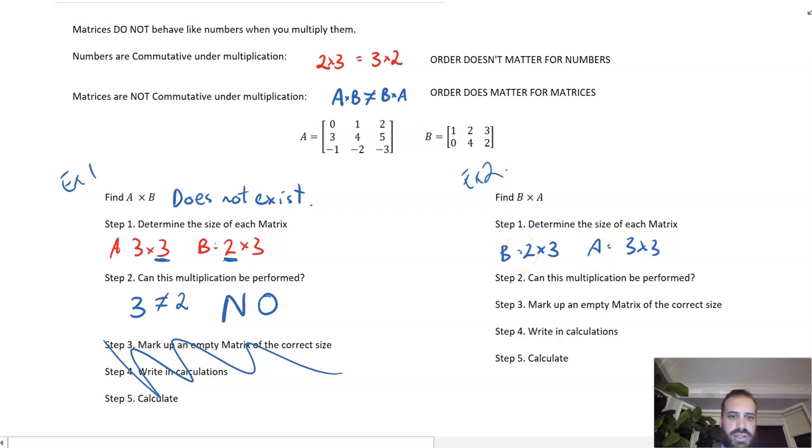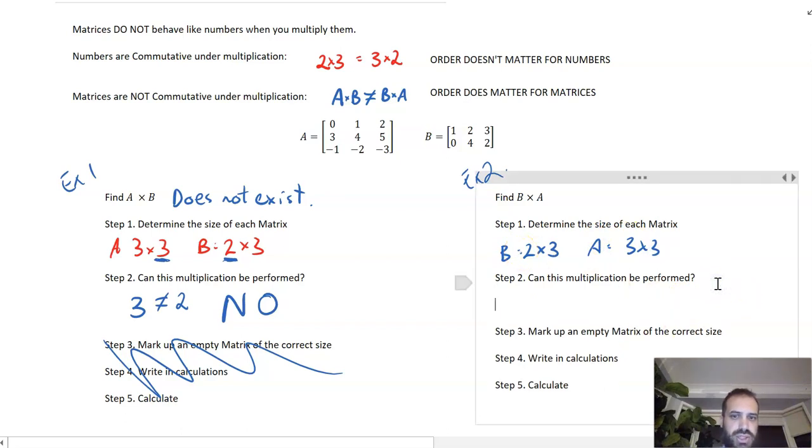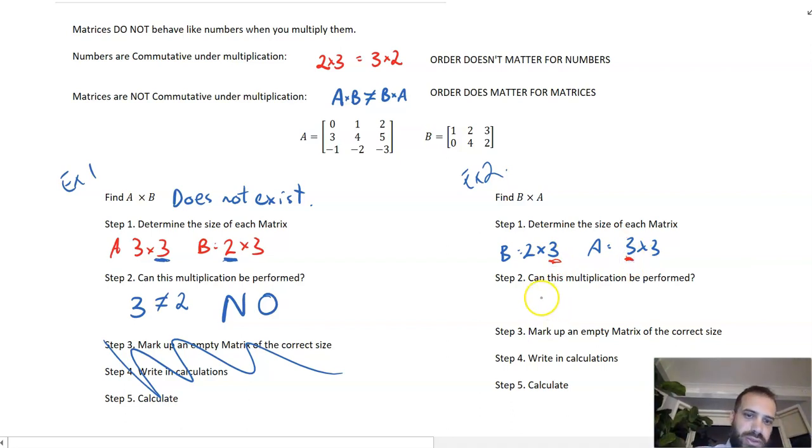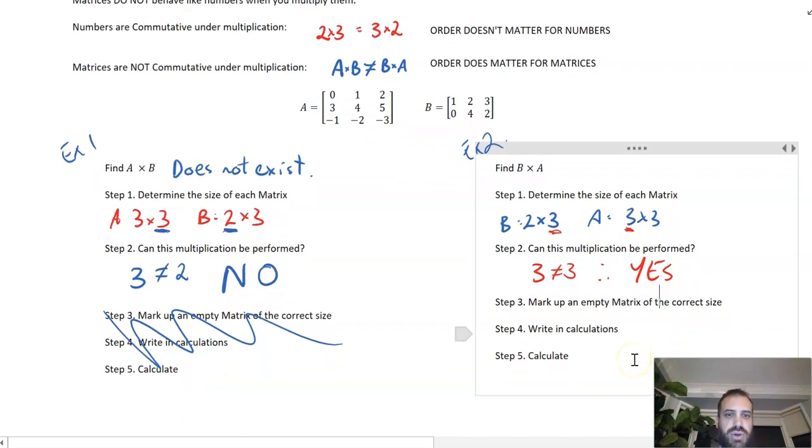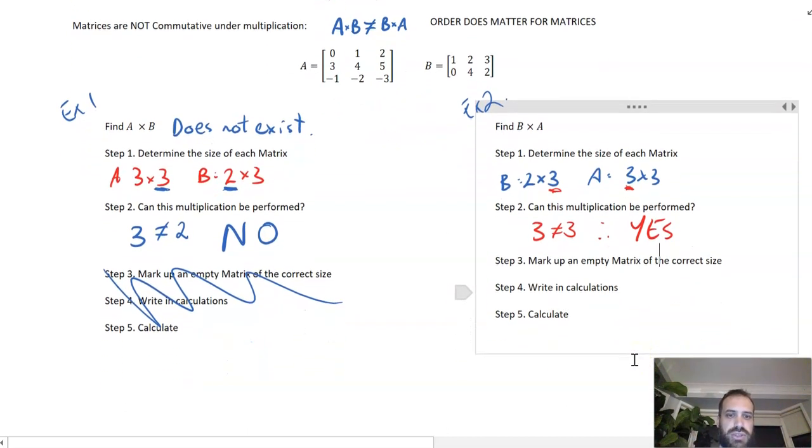Then the question is, can this multiplication be performed? I look at the columns of the first matrix and the rows of the second matrix, and I say 3 does equal 3. Therefore, yes, I can perform this multiplication, and now I need to get to work doing it.